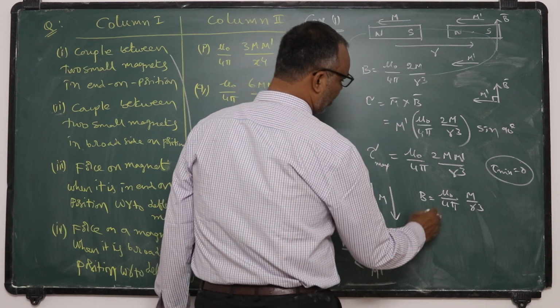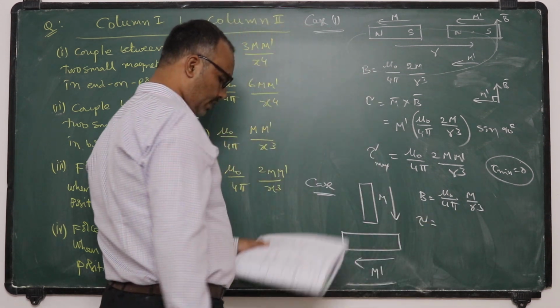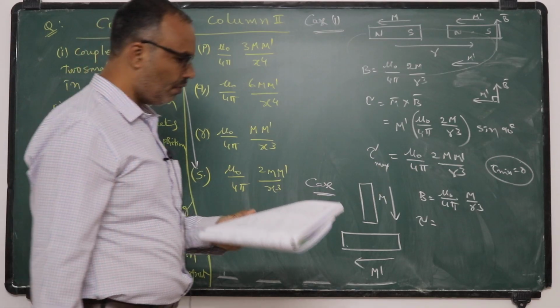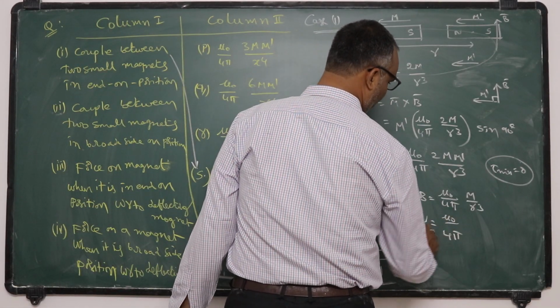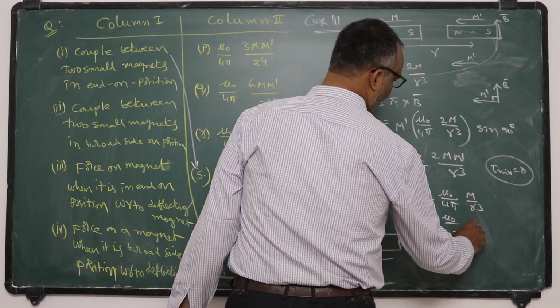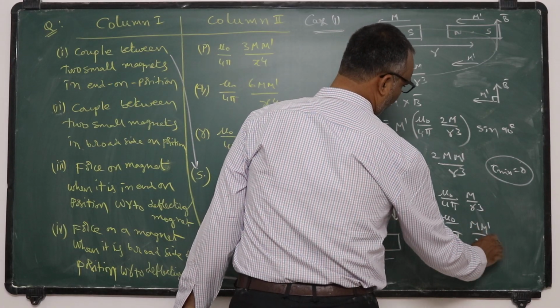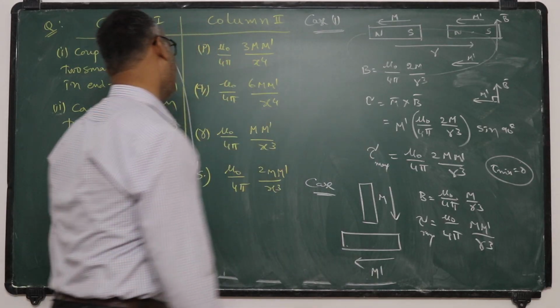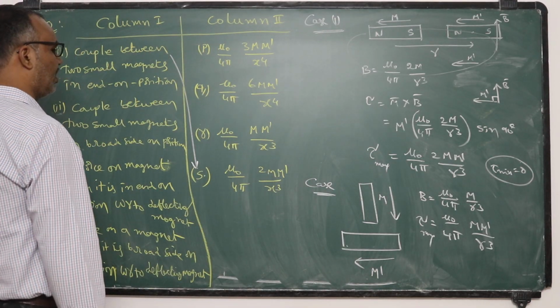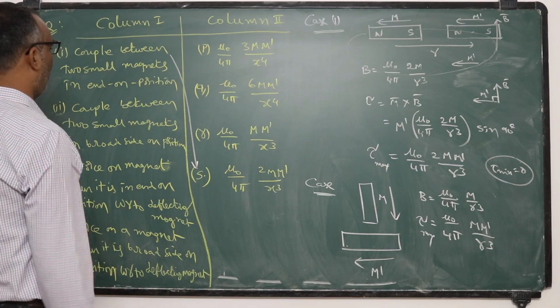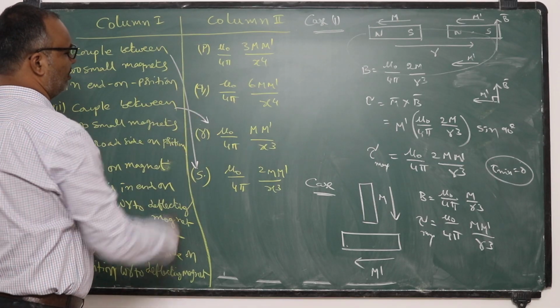Then if you calculate the torque or couple, you will get mu naught by 4 pi into mm dash by r cube, this is the maximum torque. Distance is taken as x here, so mm dash by x cube. For second question, this is the answer.